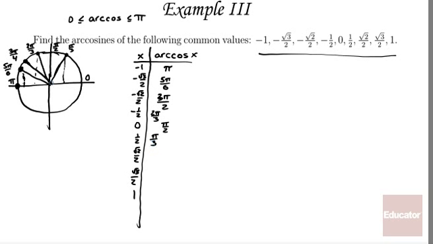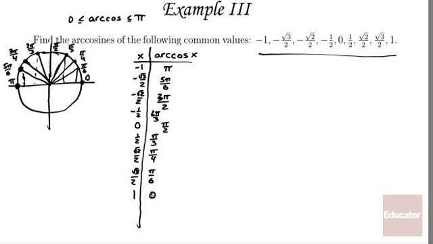Root 2 over 2, that's a 45-degree angle, so that's pi over 4. Root 3 over 2, that's a 30, 60, 90 angle again, so that's pi over 6. And finally, what angle has x coordinate 1? Well, that's just 0.